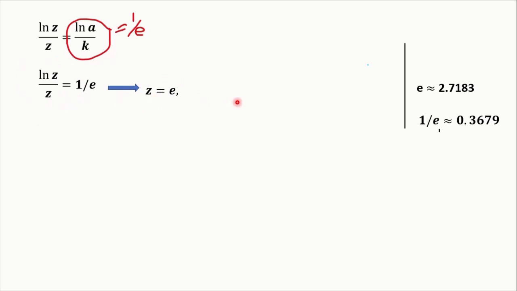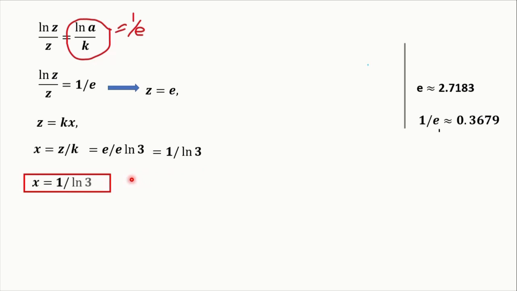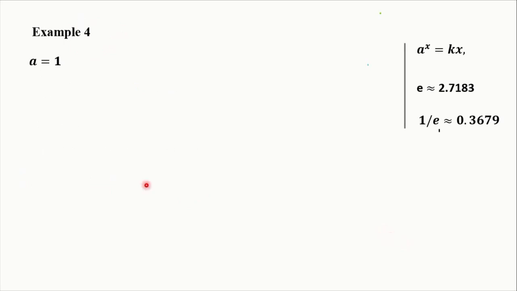We recollect that z equals kx, so x equals z over k, or equals 1 over ln 3. Approximately, x equals 0.91.